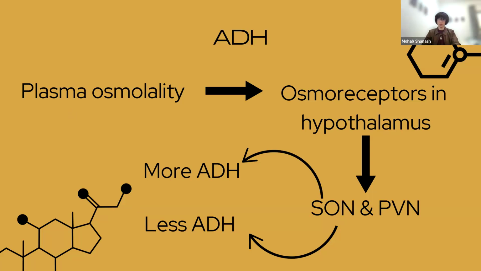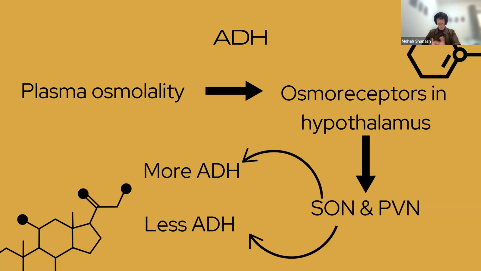We also have baroreceptors, so the pressure of your blood also influences whether ADH is released or not. These two signals get transported to the supraoptic nucleus and the paraventricular nucleus, and they determine whether we secrete more or less ADH.